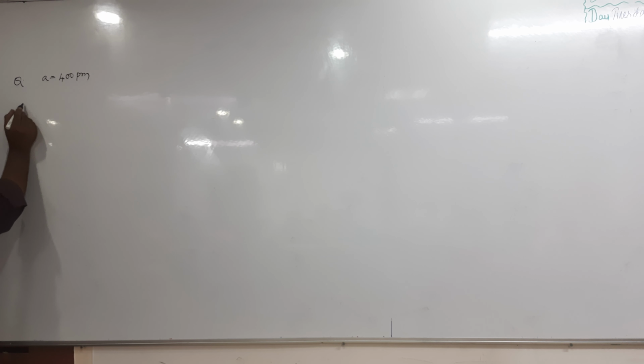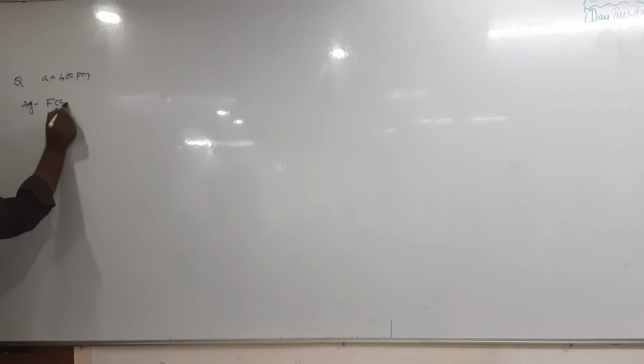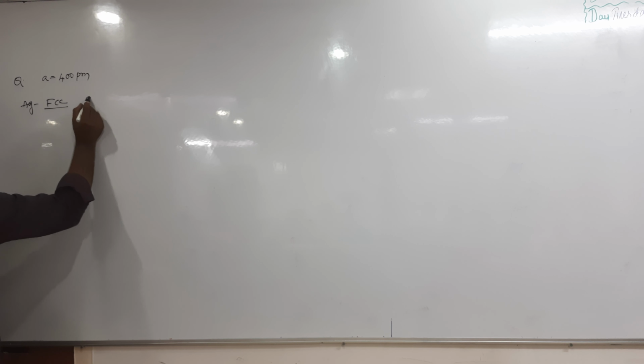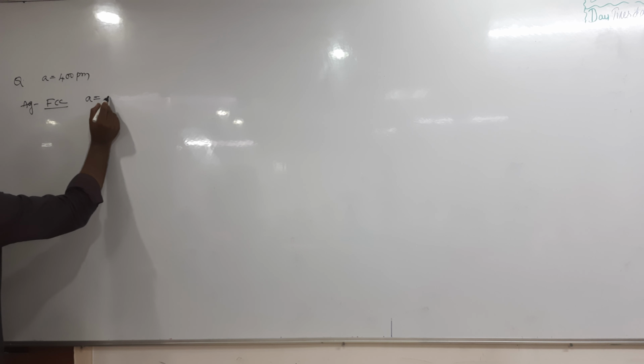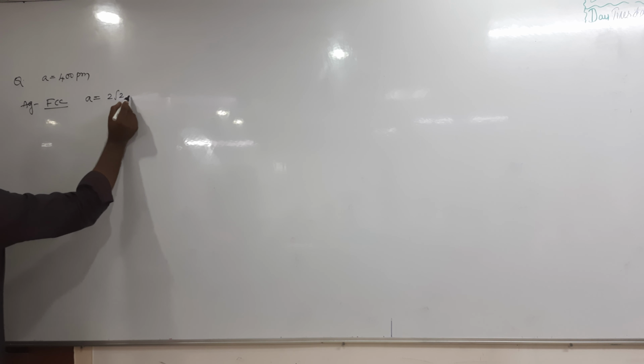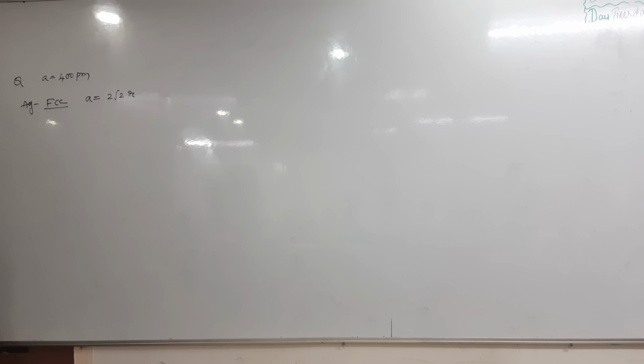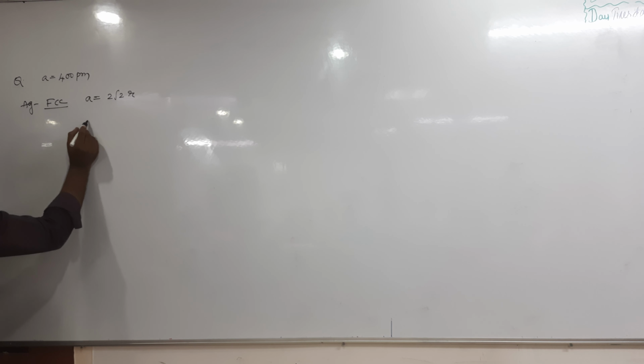So silver crystallizes in what? FCC. Okay, silver crystallizes in FCC. So what is the edge length formula? A equal to 2 root 2 R. That also same.